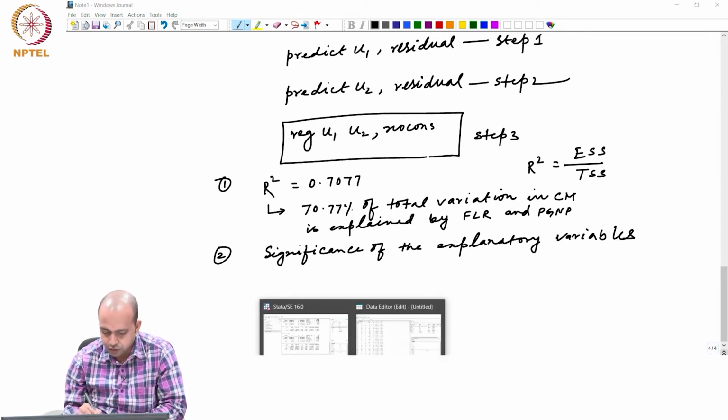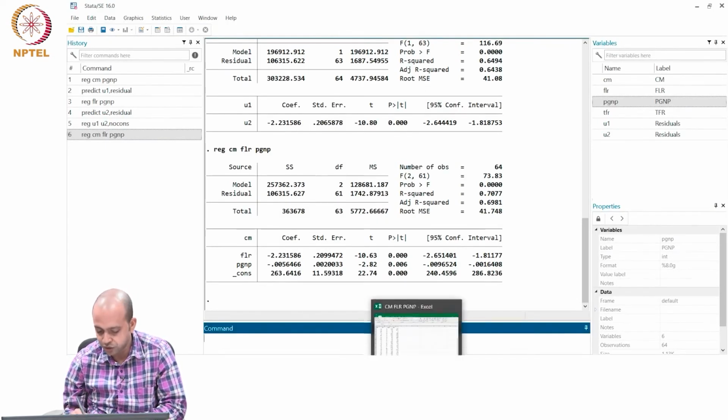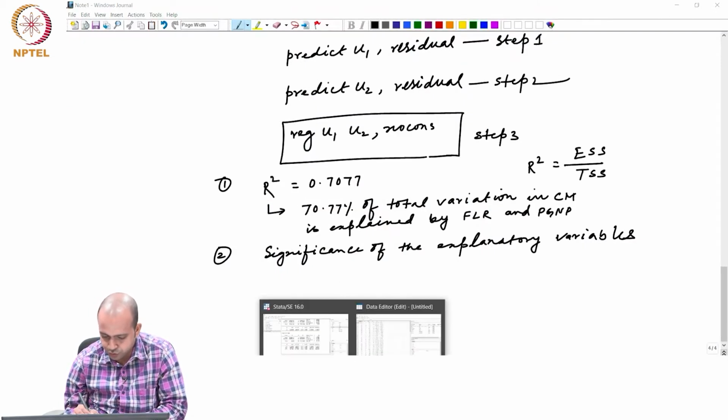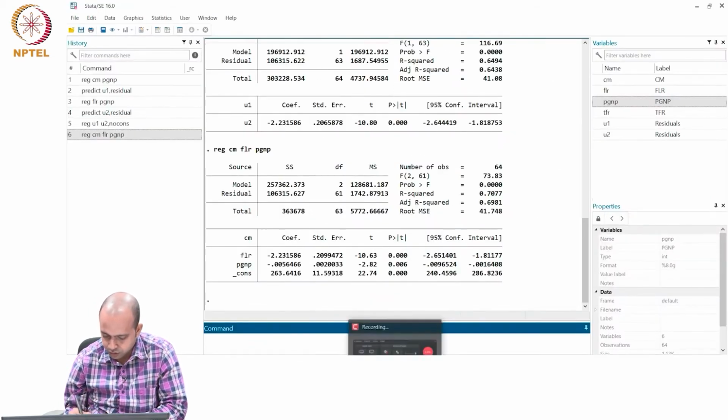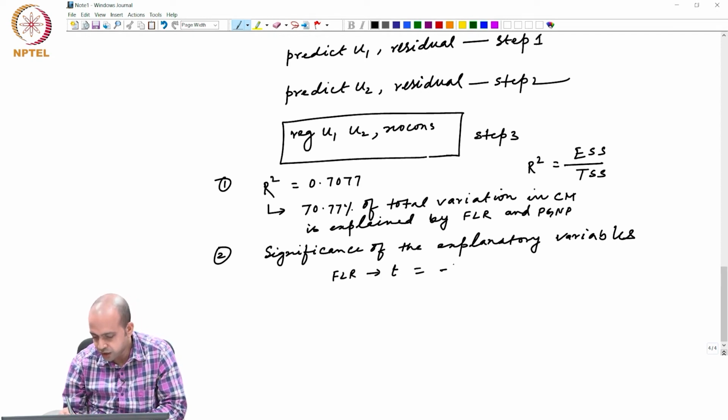How will you check? First of all, FLR, what is the t value? Corresponding to FLR, the t value equals minus 10.63.